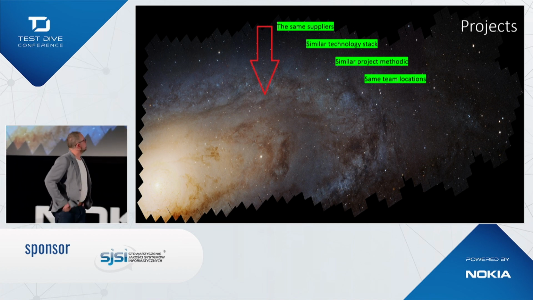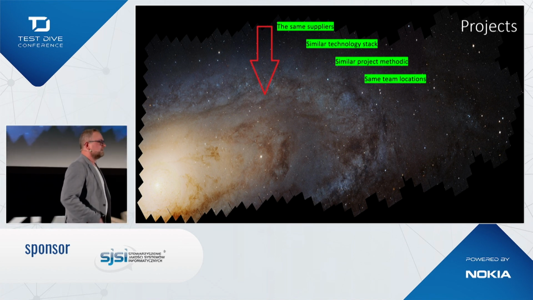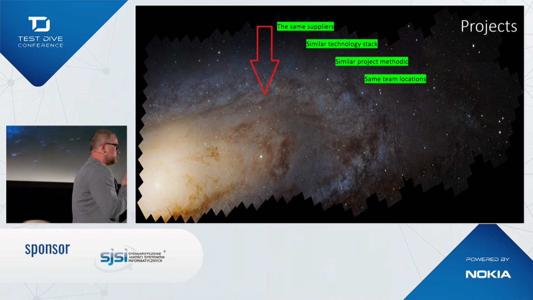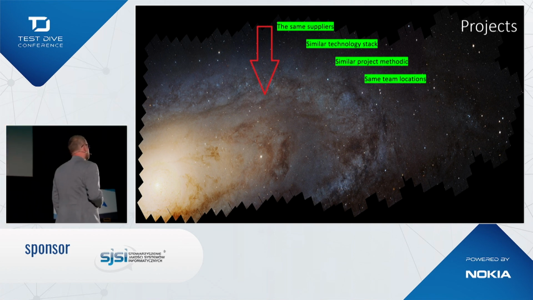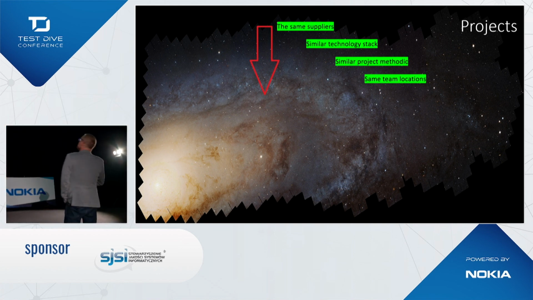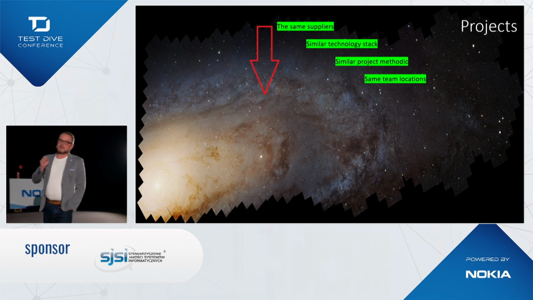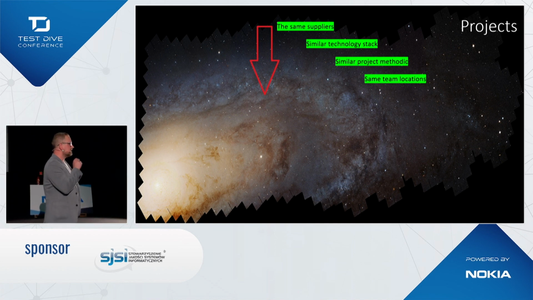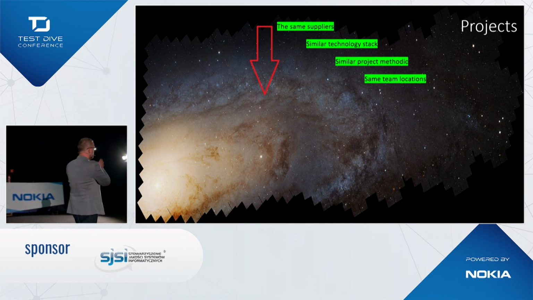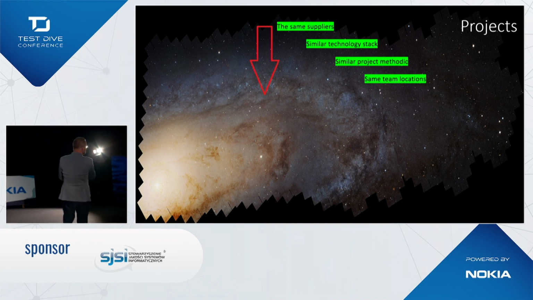What is the situation? For this one particular practice, we selected the area of the projects where we had the same suppliers for the whole technological stack. We had a very similar technological stack for those two areas of the projects that we wanted to automate tests.